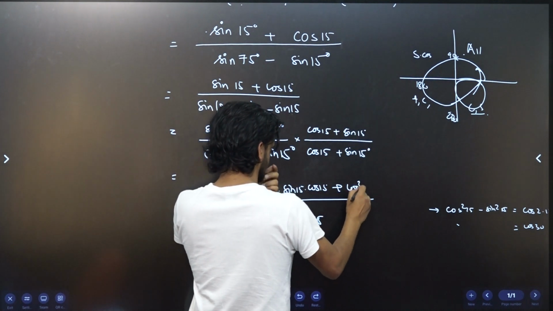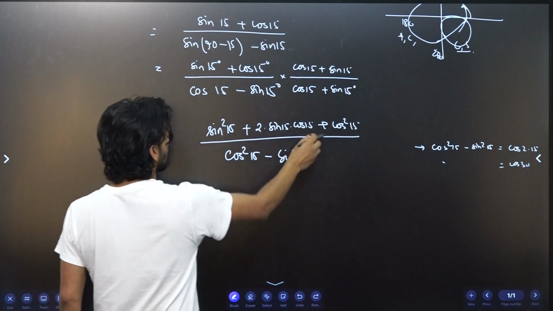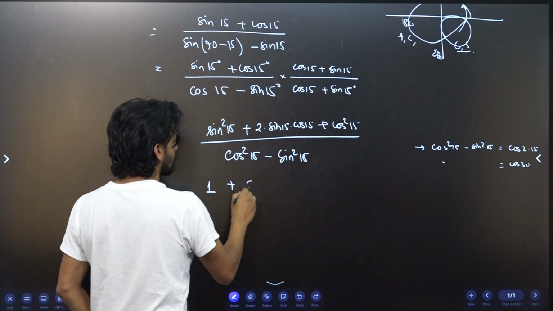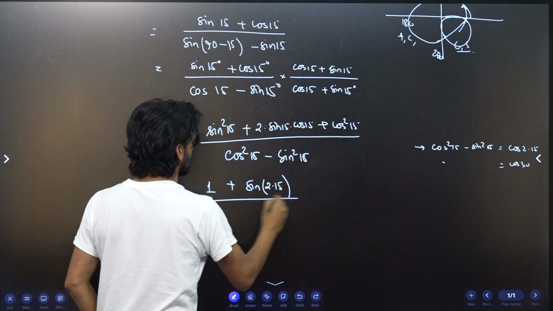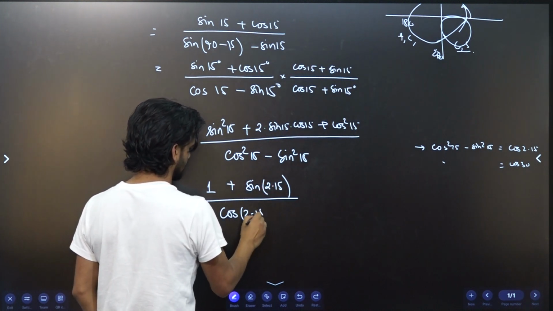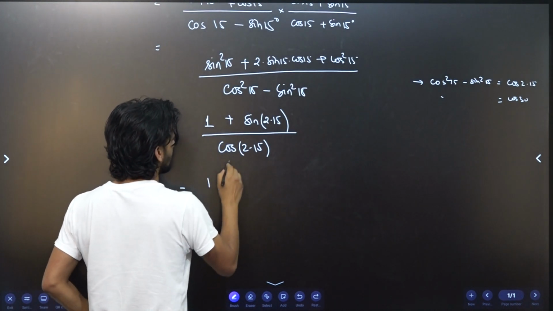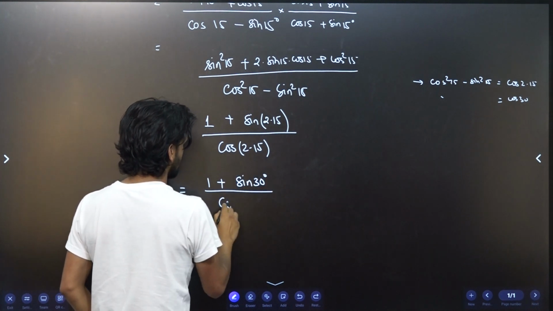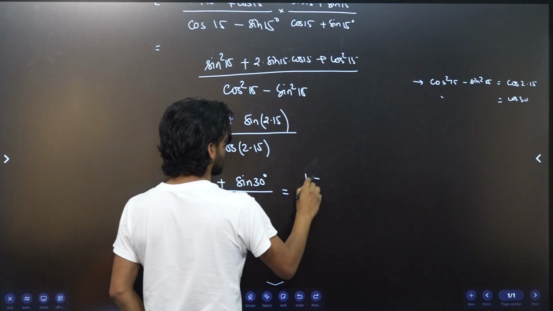Plus cos square 15 plus sin square 15 is 1, and 1 plus 2 sin 15 cos 15 is 1 plus sin 30. Divided by cos square minus sin square, which is cos 30 degrees. Equals 1 plus sin 30 divided by cos 30.